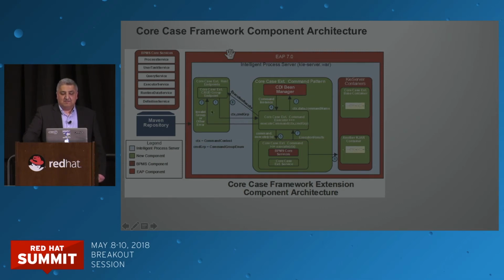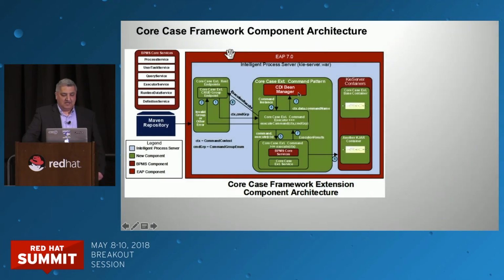Everything you see in green was built additionally, and the things in red are Red Hat components that we utilize out of the box. So EAP is the canvas, jBPM is on top of that, then we add our own features. Again, this is just a framework. And coincidentally, the extenders can repeat the same exact process as we did to build their extension, okay?